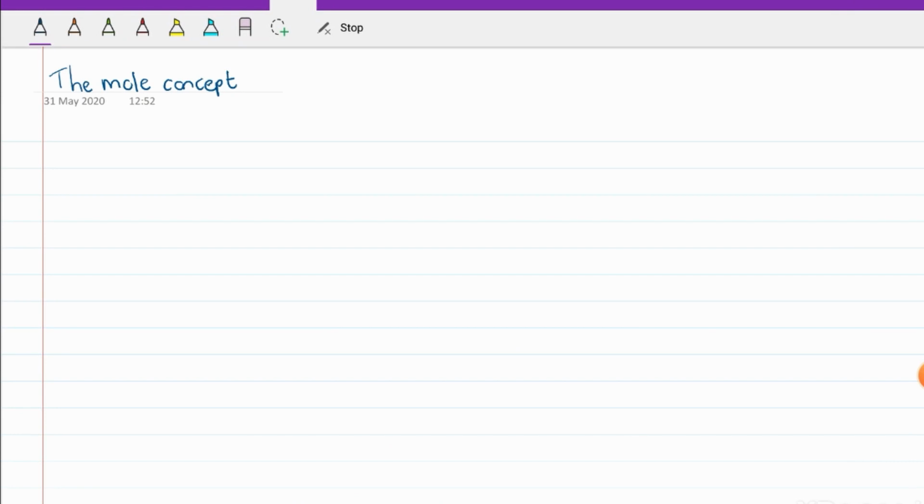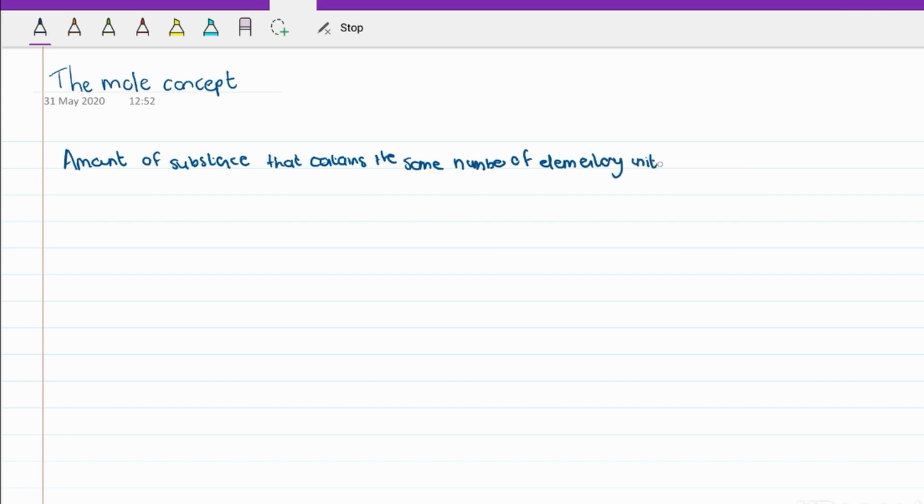So, jumping to a formal definition and a few applications of the mole concept and Avogadro's number. Just as a quick summary, a mole is the amount of substance that contains the same number of elementary units.